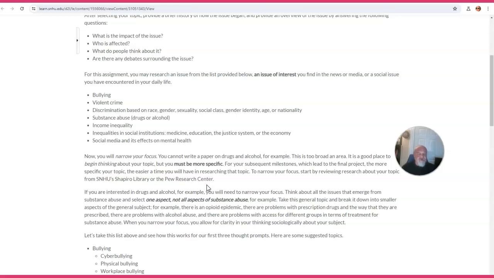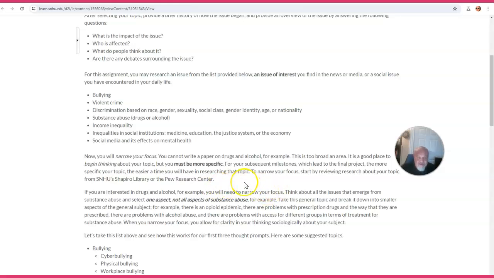You can't just say you're going to write a paper on drugs and alcohol. That's an entire major. So think, if I'm interested in addiction or drugs and alcohol, you can think of a number of areas: discrepancies in access to treatment resources, or the fentanyl epidemic, or alcoholism, or prescription drug abuse, right?